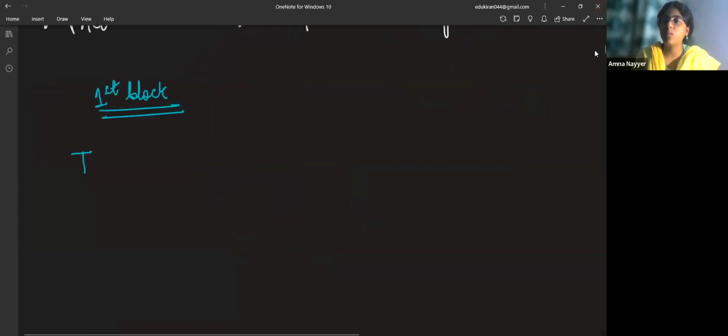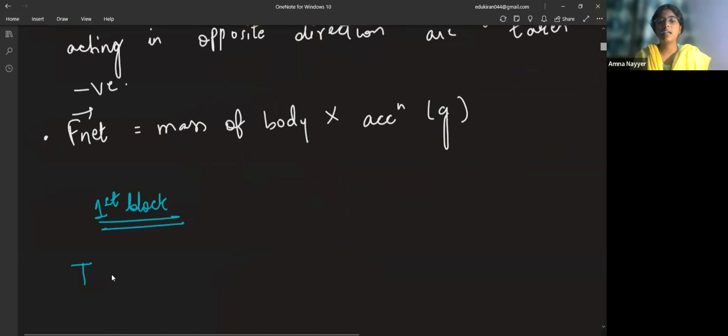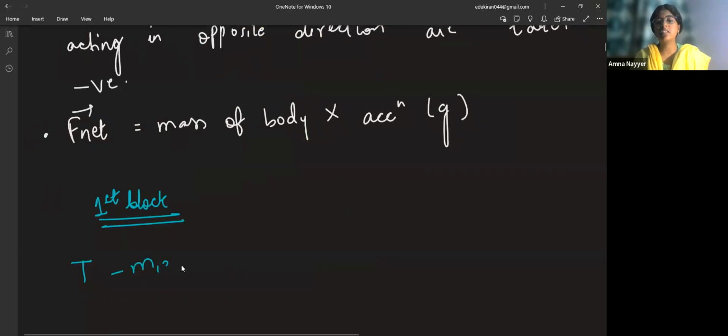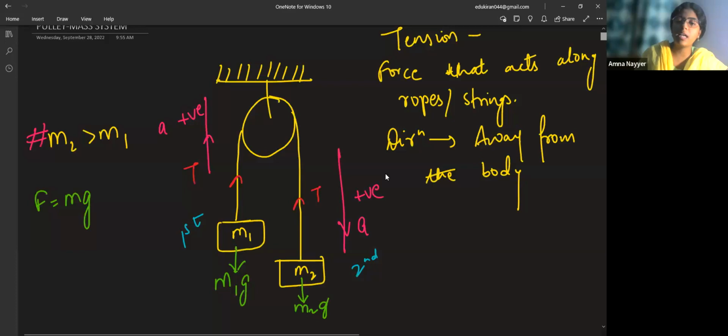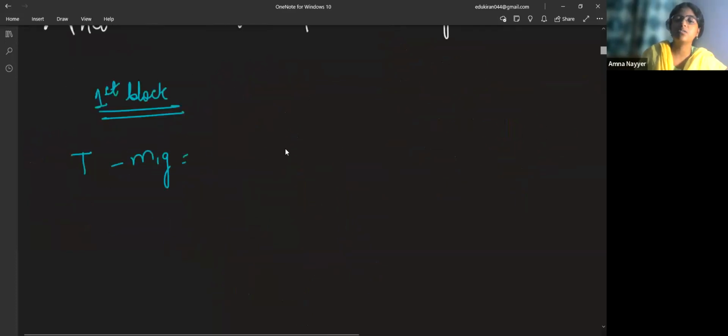What about acceleration due to gravity? It is acting downwards, and since upward is positive, downwards will be negative. So this becomes minus m1g. This is equal to the net force. What is the net force? Mass of the body into acceleration. The mass is m1 and the acceleration is A, so this is equal to m1a.